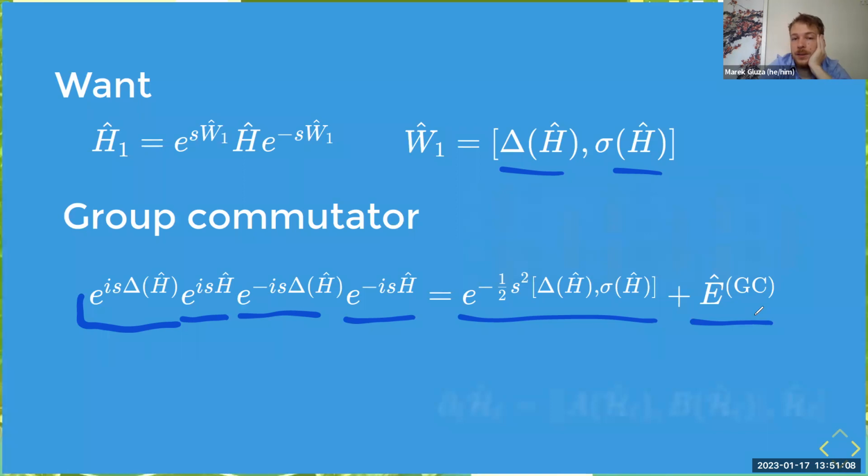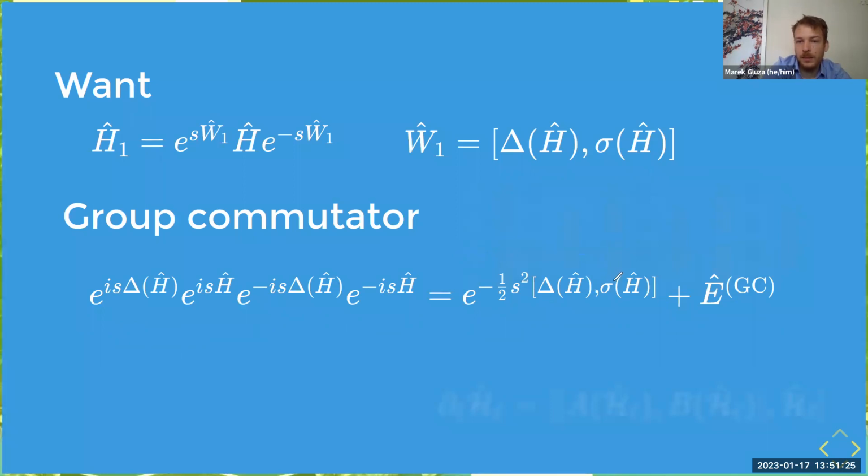And then you see that the first order will cancel, and with S squared, I will have a unitary operator, a gate moving forward according to the commutator of those two operators. Okay, so I'm using H here because whether you have H or sigma, it's the same commutator here. So we get the bracket here.